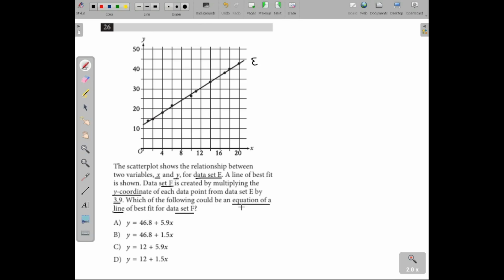We need to find the equation of a line for dataset F, and for that we'll need to find the slope, which can be found with this formula.